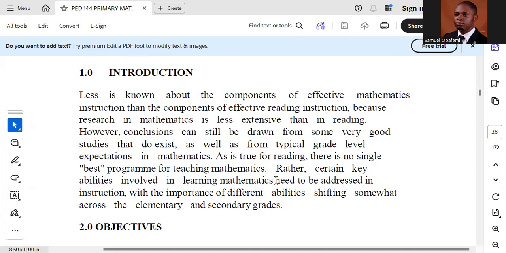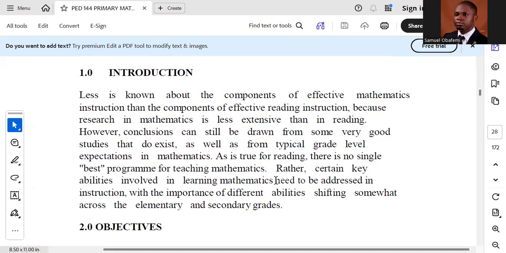There is this common one we use. You tell them Sandra's mother was a trader, and maybe she gave Sandra 10 apples in the morning, 5 apples in the afternoon, and then in the evening, 15 apples. How many apples did she give Sandra? That's a word problem.